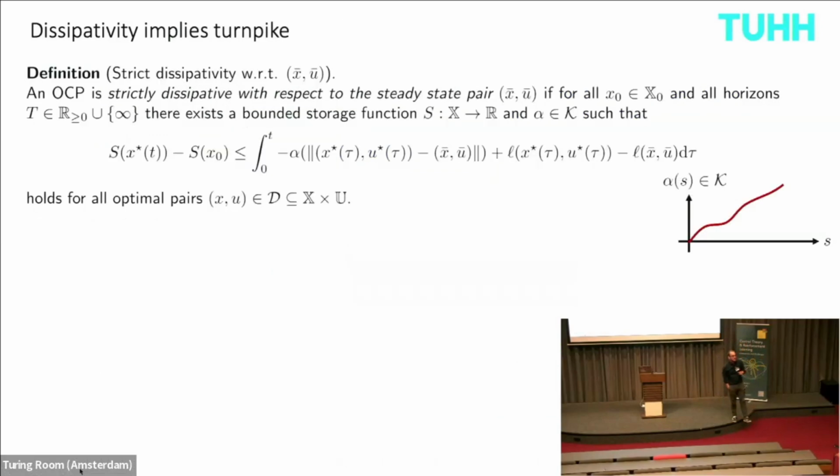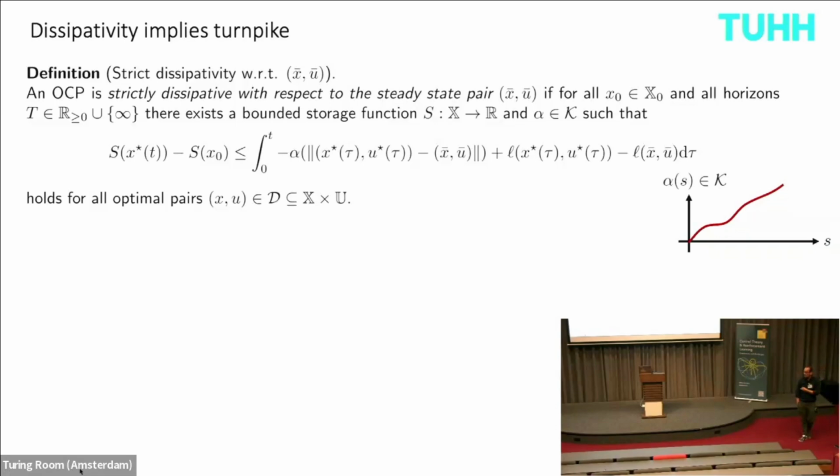Now we tailor the dissipation inequality by picking quite a specific supply rate. And we pick now a supply rate where here L, the integrand of my optimal control problem, appears. I subtract from this integrand, which I evaluate along optimal trajectories, the value at a steady state pair x bar, u bar.